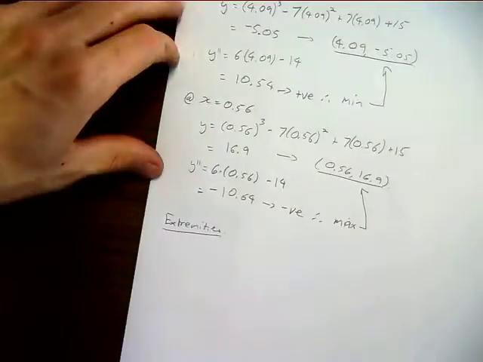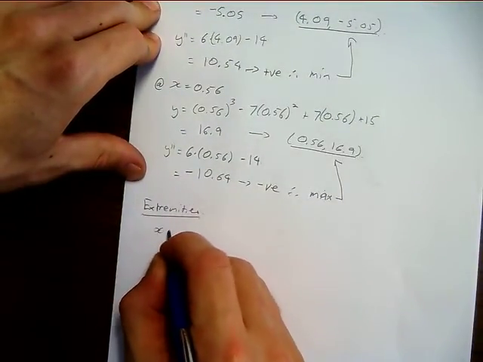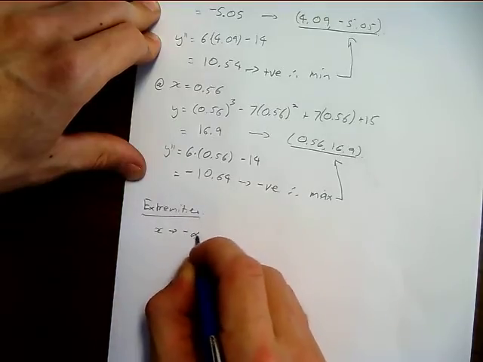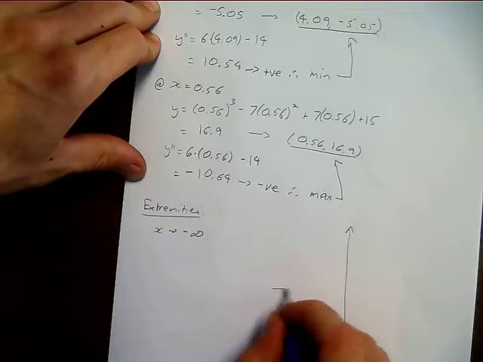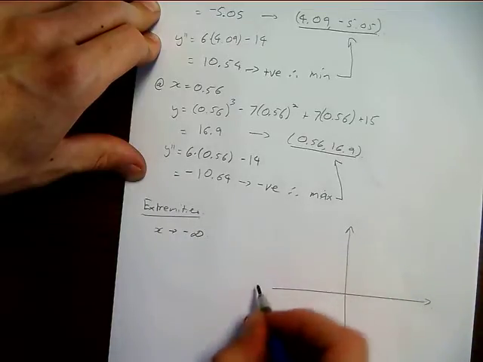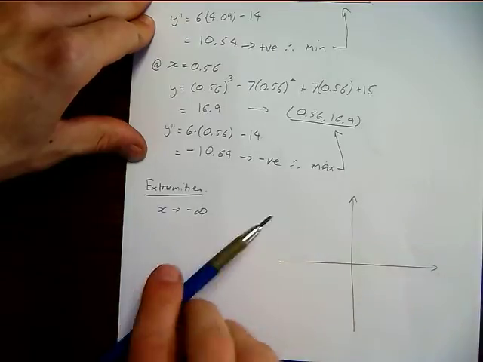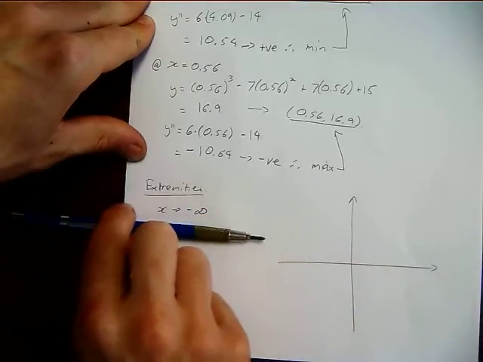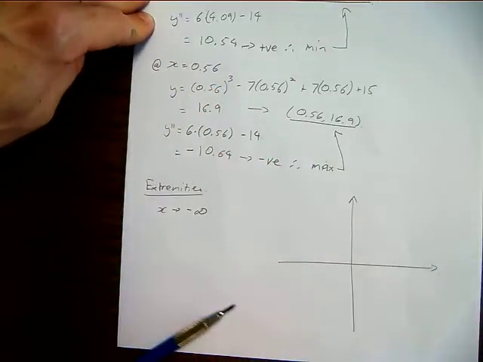Okay. So let's start with the negative x. So as x approaches negative infinity, if we have our sketch, coming from this end, we always think from left to right, is it coming from positive y or is it coming from negative y?